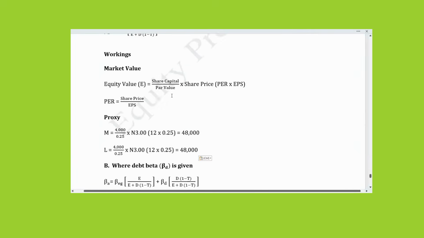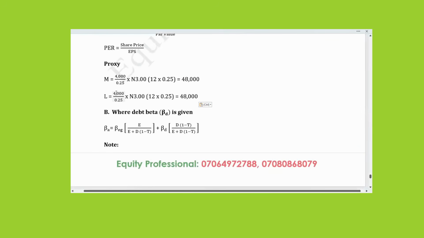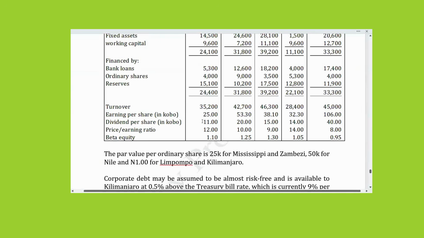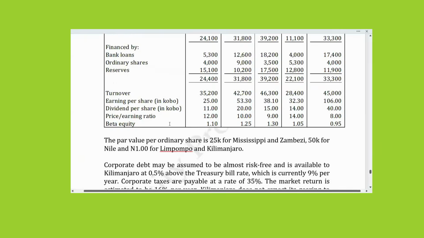So 9,000 divided by 1 naira. Then I need the price earning ratio of Limpopo. Price earning ratio of Limpopo is 10 times. Earnings per share is 0.533.